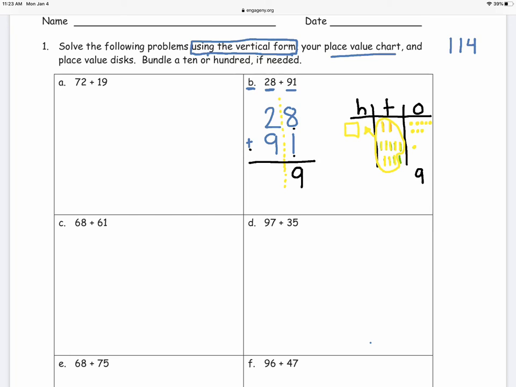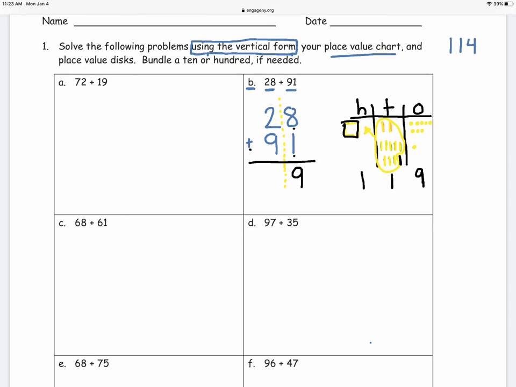So 10 tens means I have 100, so I need to move that 100 over. Okay, and let's see what I have left. I just have this one little 10 left, so I'll put that down there. All right, so let's see how many hundreds I have. I just have the one that I just moved over.